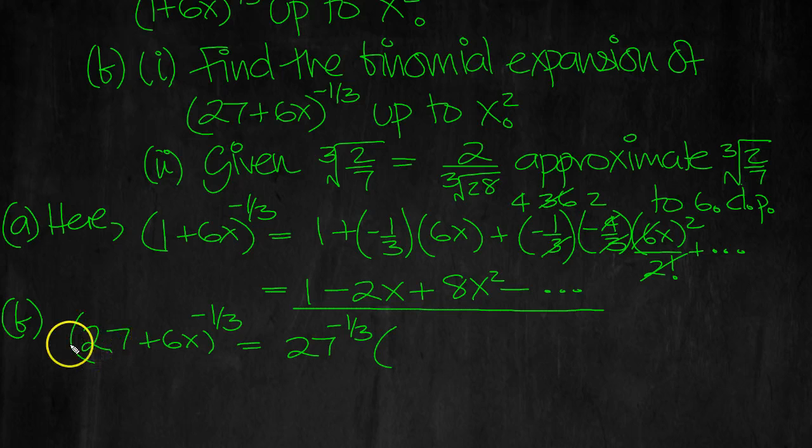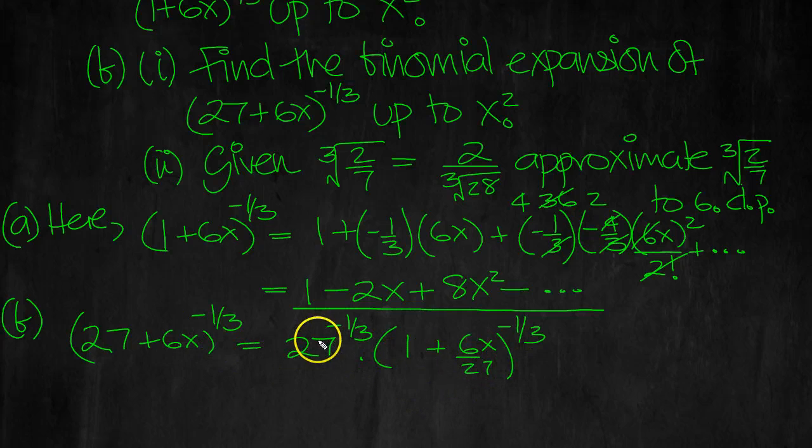So I've taken that outside a bracket, and there'll be a 1 there, plus the 6x over 27, to the minus 1/3. You can combine these two indices, and when you run the 27 through, you'll get 27 ones, and 27 times this gives this.